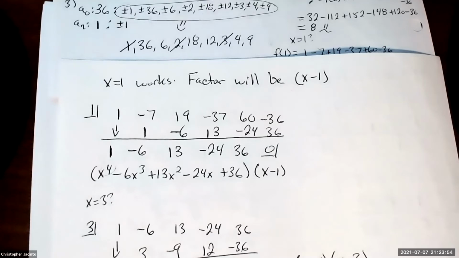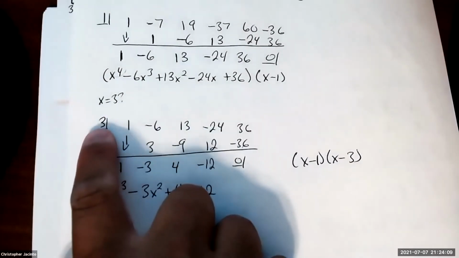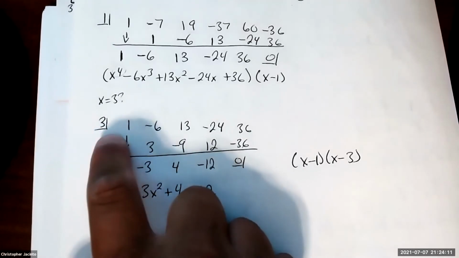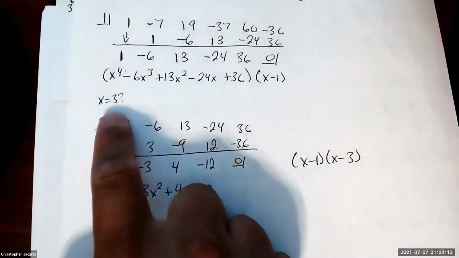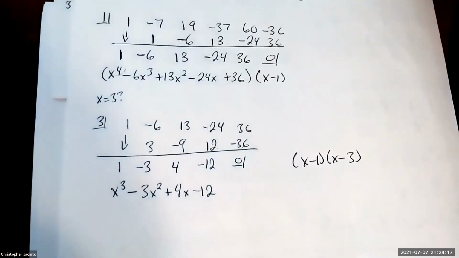Well, here's the problem. Sometimes the same number you already did works again. Crazy, huh? So I'll give you a hint. Why don't we try 3 again? So it works twice. Let's see if it does.